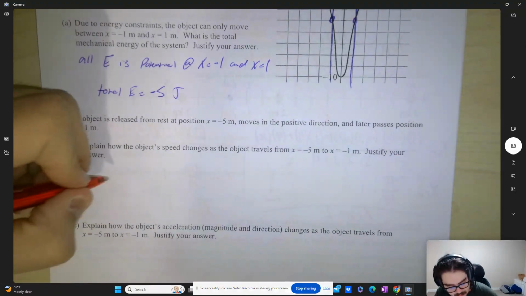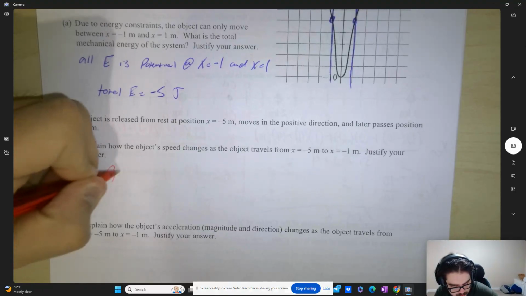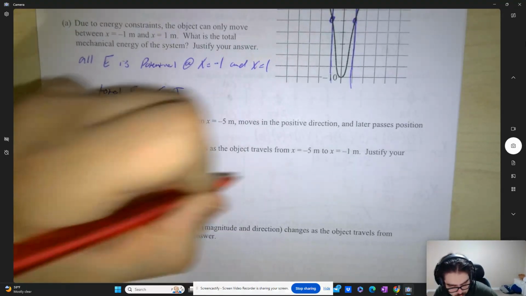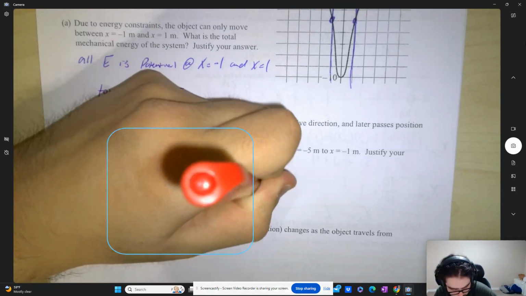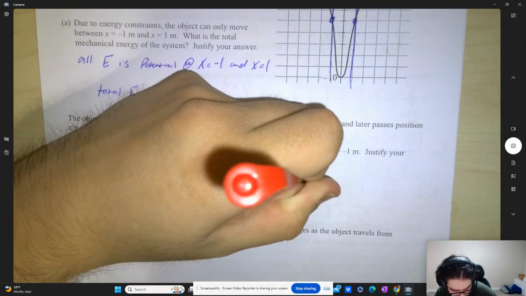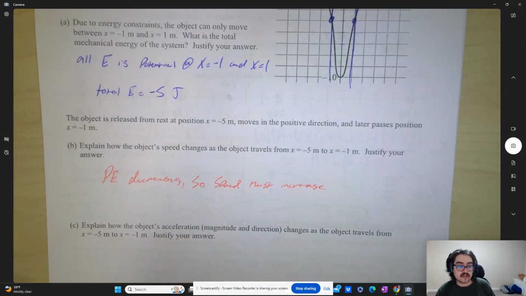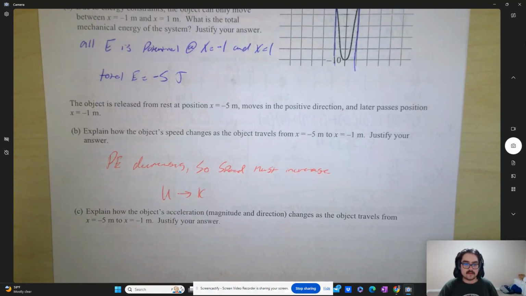But since the potential energy decreases, so PE decreases, speed must increase, since potential energy turns into K. U turns into K as it goes.